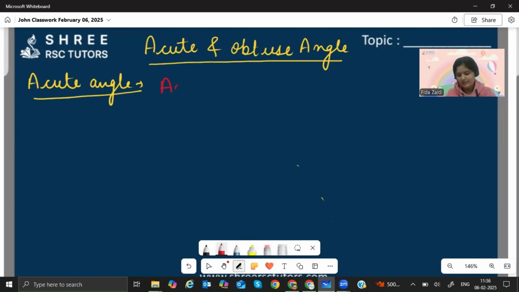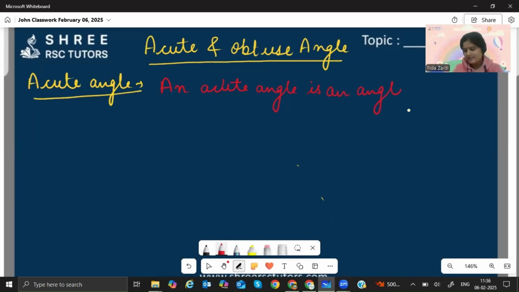An acute angle is an angle that measures less than 90 degrees.